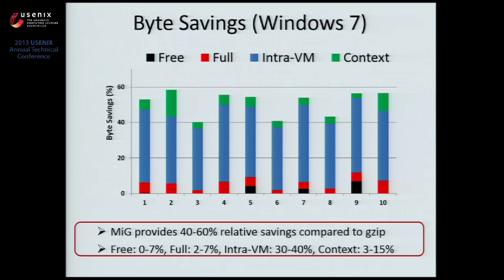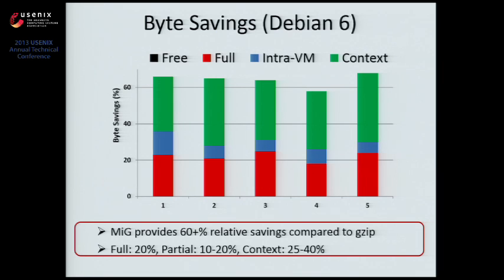We have 4 different techniques, for free pages, full pages, and so on. You can see in this Windows case, the intra-VM redundancy technique which we did for heap really dominates, getting 30 to 40% of the gains. Context provides only 10 to 15%. In the case of Linux, these are 5 Linux desktops, the gains are similar. We get 60% byte savings, and the difference is that the techniques contribute differently.